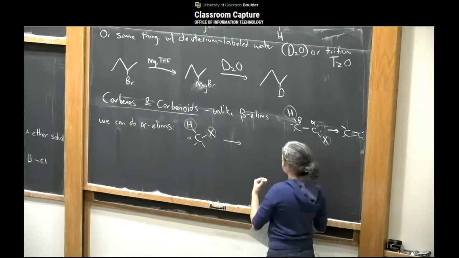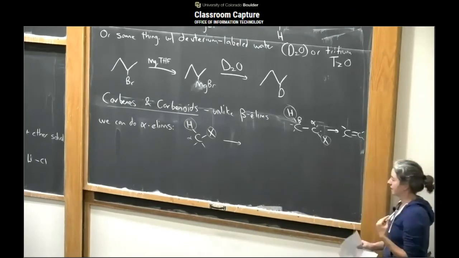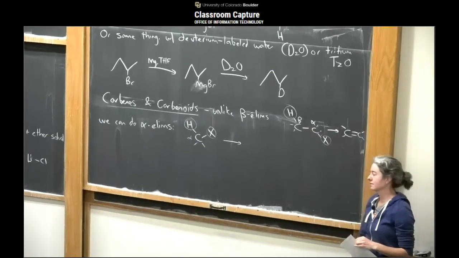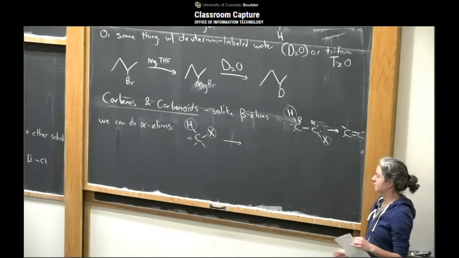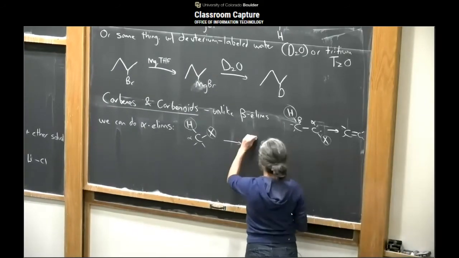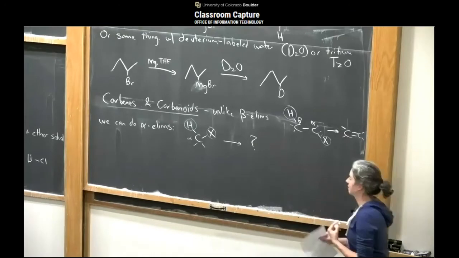But then the question is, what the heck does that look like afterwards? We can't make a double bond between the two carbons that each lost something, because there's only one carbon and we can't double bond it to itself. So how is that actually going to work out?